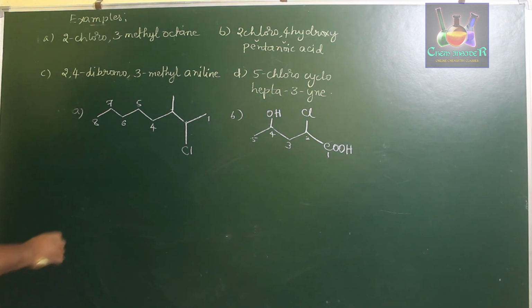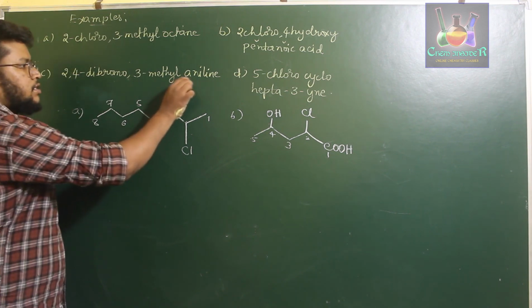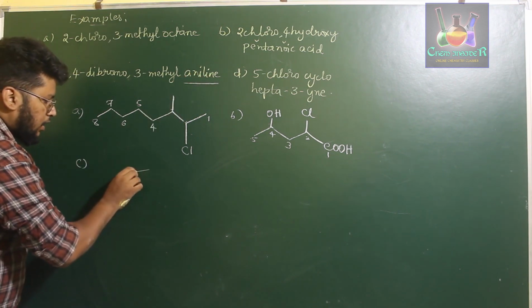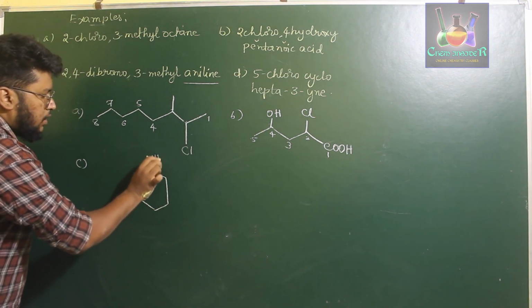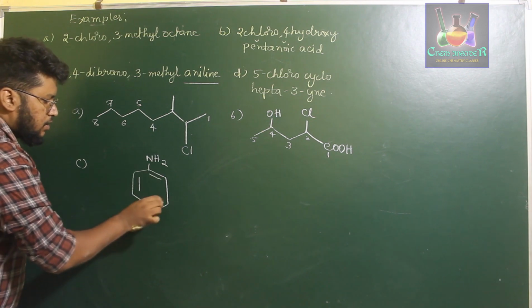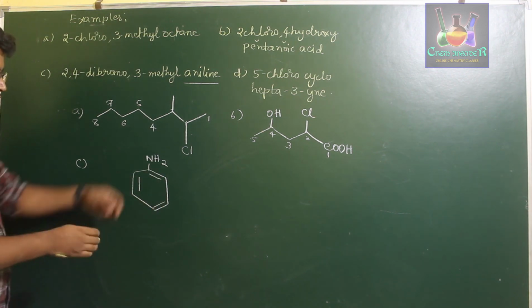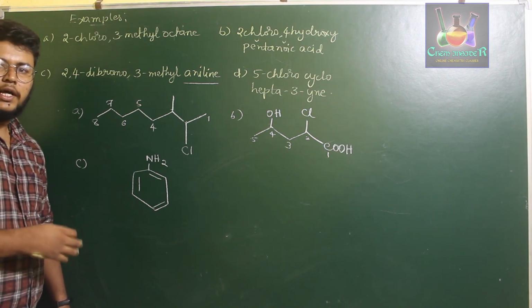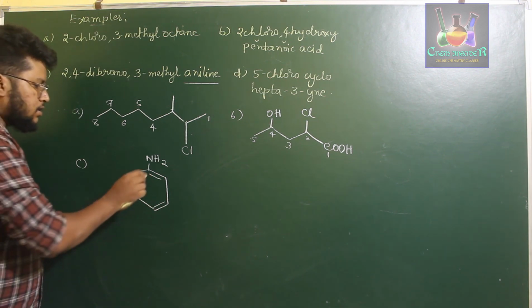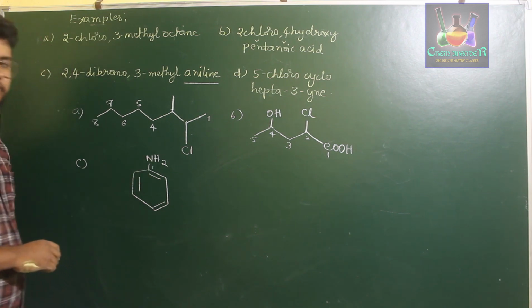Next, for the third compound, they have given us 2,4 dibromo 3 methyl aniline. First, write down the structure for aniline. Aniline is a benzene derivative which has an NH2 group directly attached to the benzene ring. So this is a benzene ring, and if an NH2 group is directly attached to it, we call it aniline. And always consider that particular carbon as the first carbon.